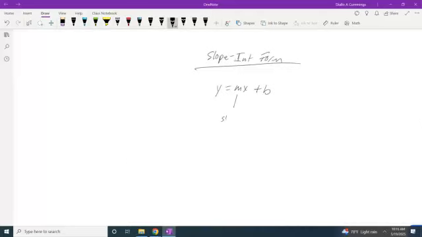M is the slope. The slope is the coefficient or the number part of x. The slope, that's the rise over the run. B is what's called the y-intercept.